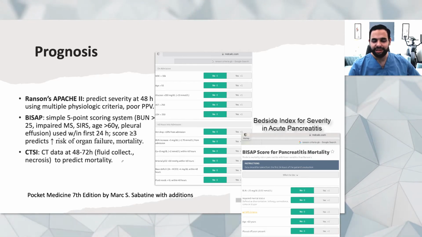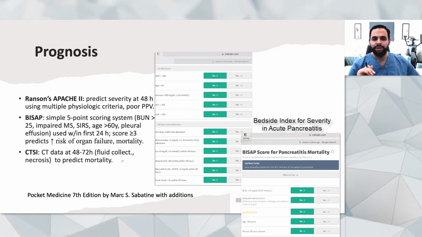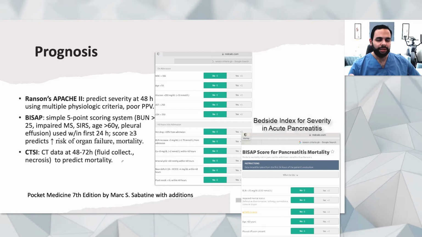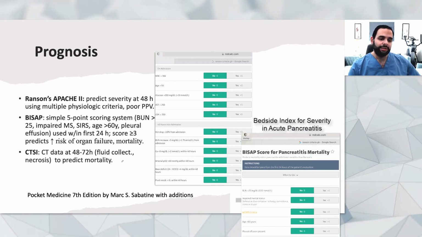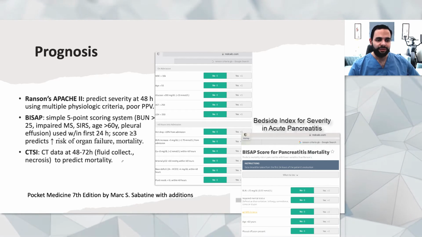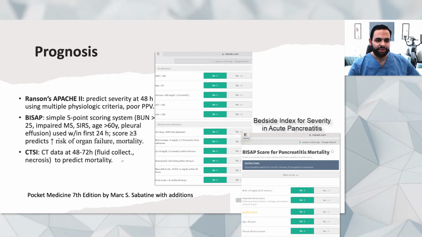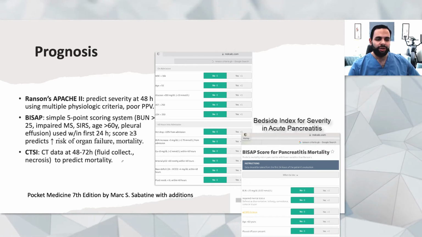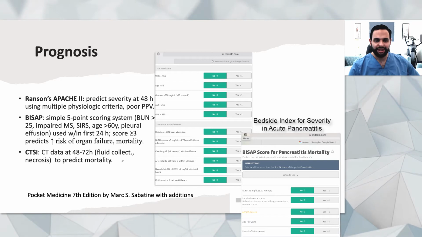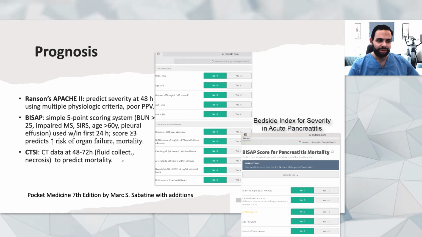If it is less than 15, even 1 point gives you 1 point on the BISAP score. And systemic inflammatory response syndrome, age being high, pleural effusion, and it's used within the first 24 hours, so that's an advantage over the Ranson score. And a score greater than or equal to 3 predicts higher risk of organ failure. And the more risk of organ failure you have, the more risk for mortality.